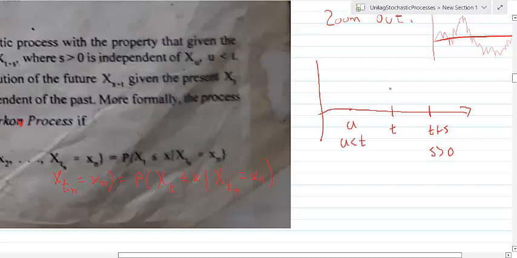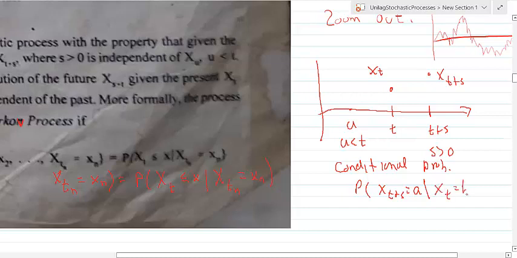Now x of t is going to be some value here, and x of t plus s is going to be some value here. Now we can consider the conditional probability for x of t plus s equal to some value, I can say a, given x of t equals b.